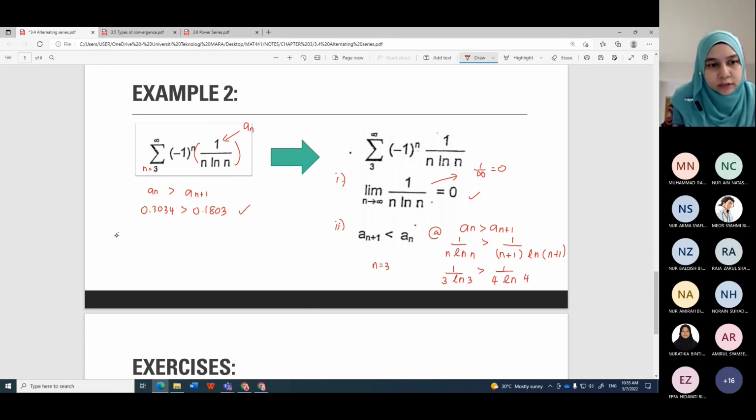Okay, therefore we can make a conclusion. If the series of 1 over n ln n converge.